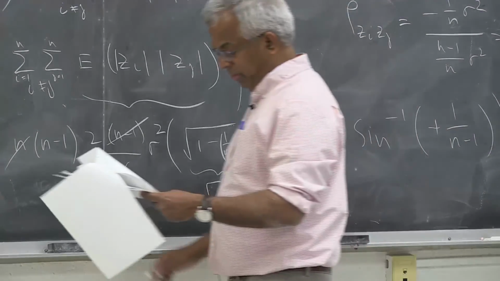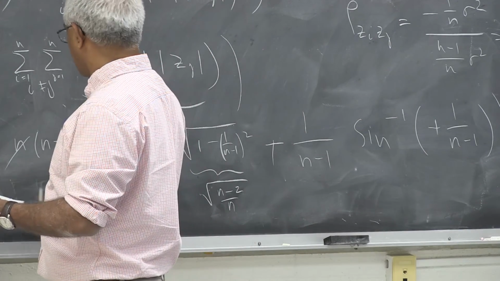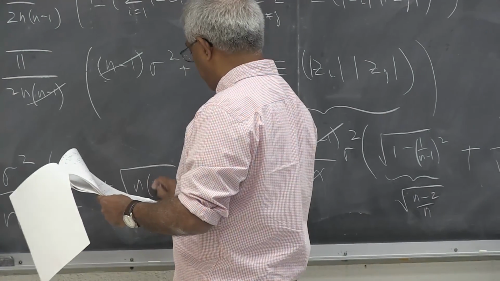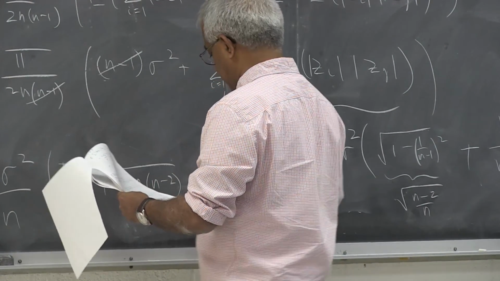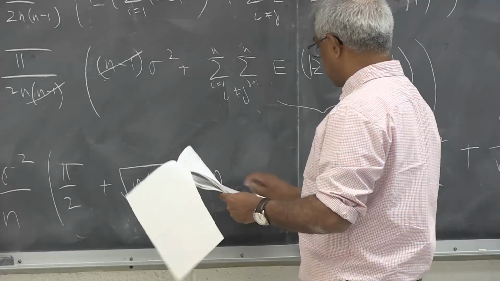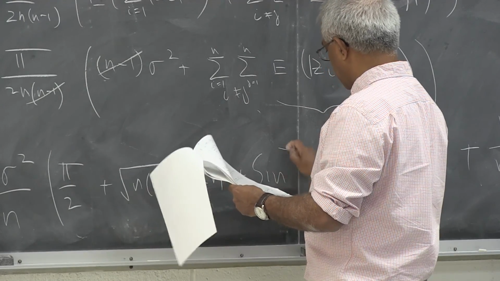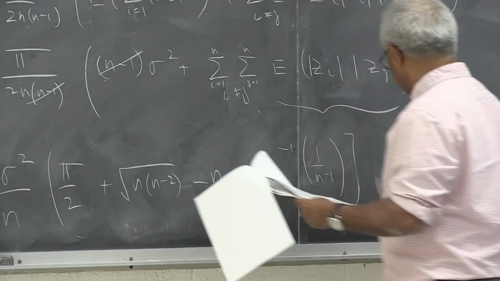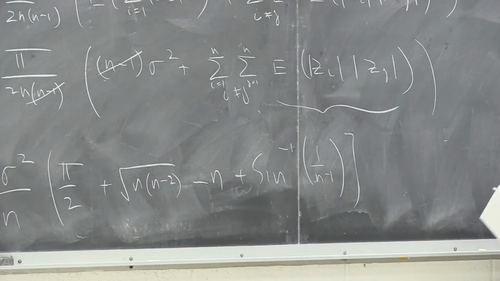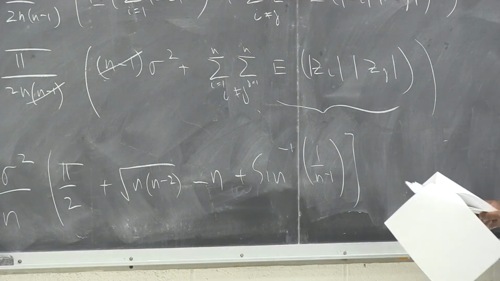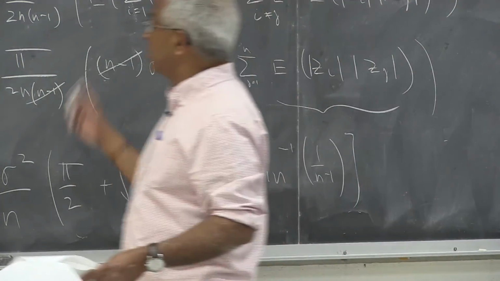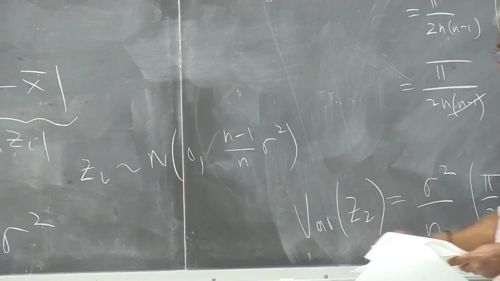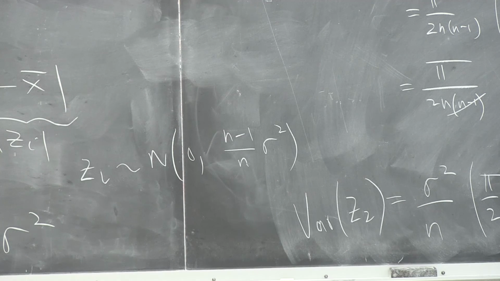So let me write down the result. If I substitute all this here, I'm going to get plus square root of n into n minus 2 minus n plus sine inverse of 1 over n minus 1, and minus sigma squared. So this happens to be the variance of Z2. That's what we have been looking for.